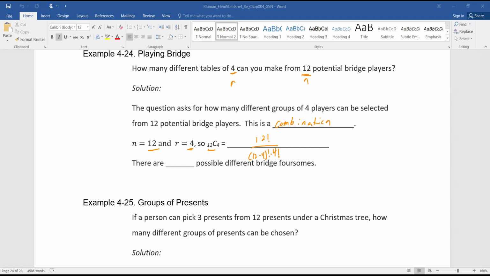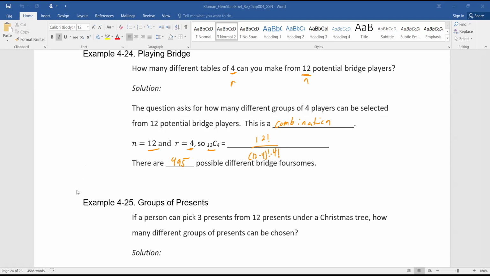You do not have to put multiplication. I don't know why I did that. I had multiplication symbols in between my exclamation points and wasn't getting my answer. So therefore, there are 495 possible different bridge outcomes if I have a group of 12 and I want to put them in groups of 4.